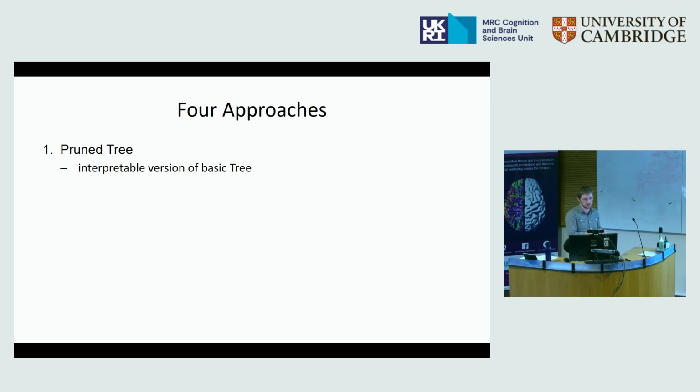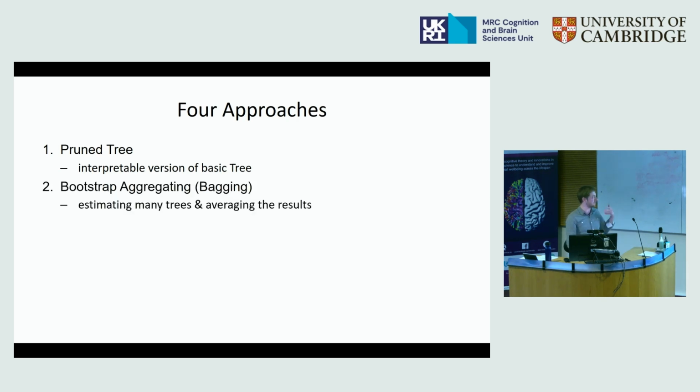I will show a diagram of a normal tree later, but it is basically the kind of decision tree most of you might be familiar with, and this is a very interpretable version of it. Then you can tune it up a bit more, and aggregate multiple bootstraps of the same tree.